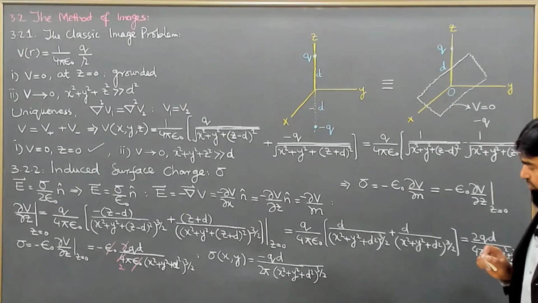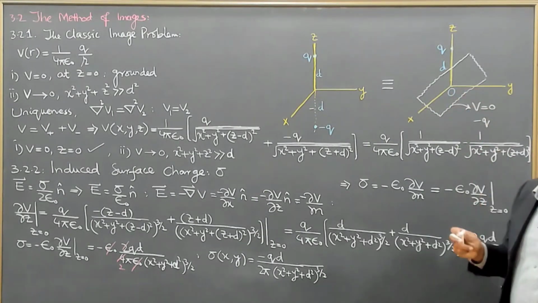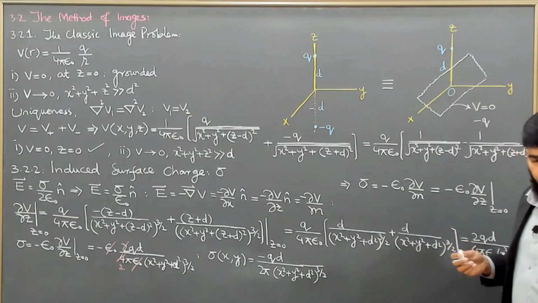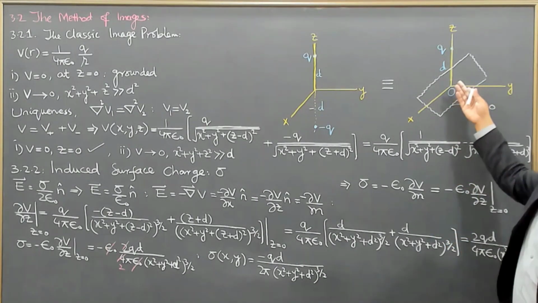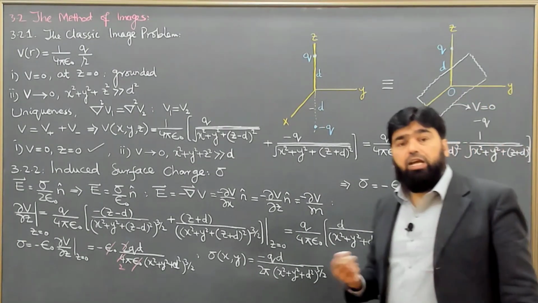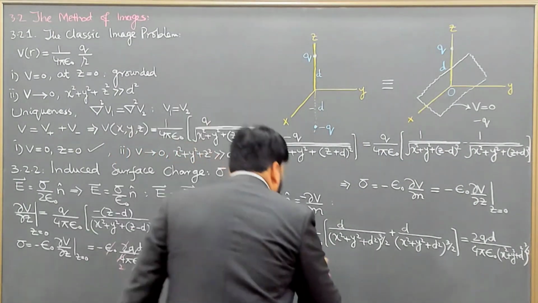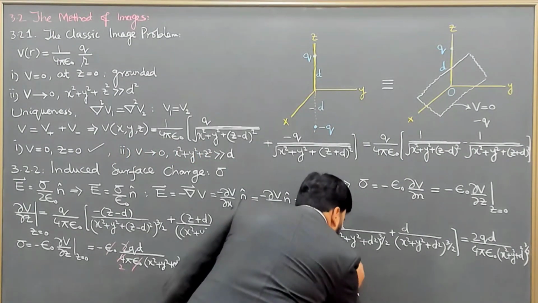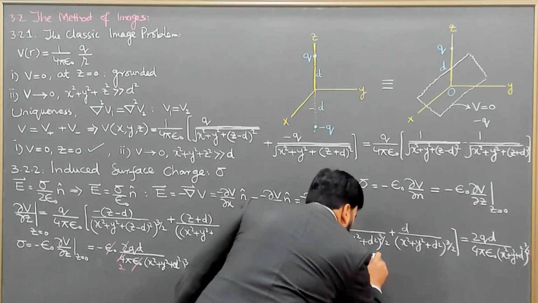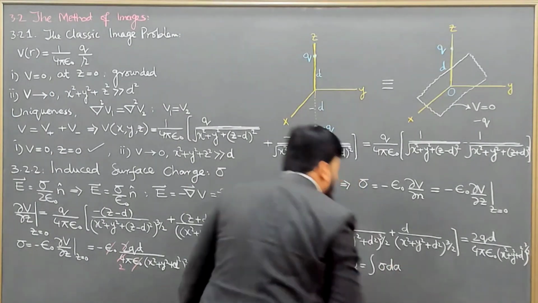Now if I want to calculate how much charge is on the sheet, then I will have to do integration, and it's a sheet, so I will do integration on a surface, and then I will get the result of the total charge. So I can write that the total charge here is equal to the integral of sigma dA.